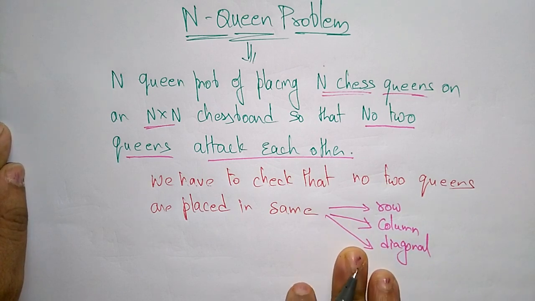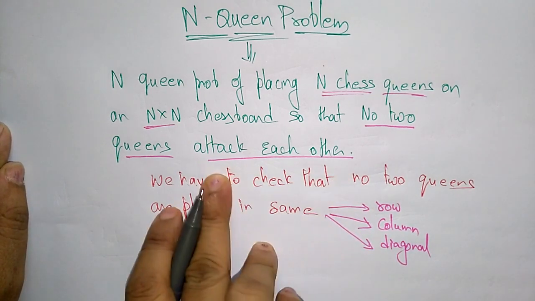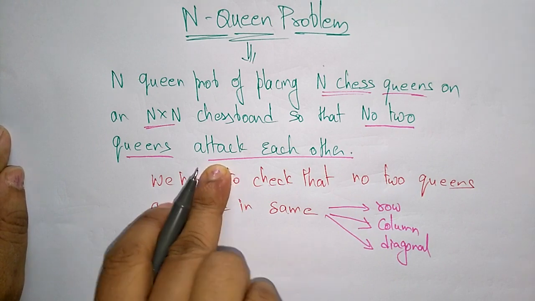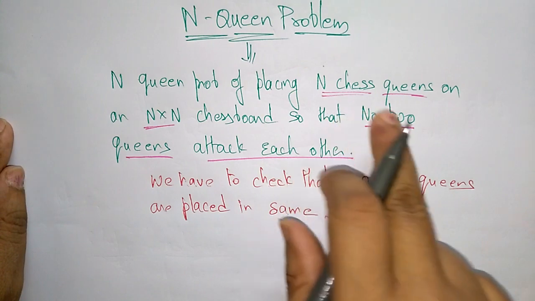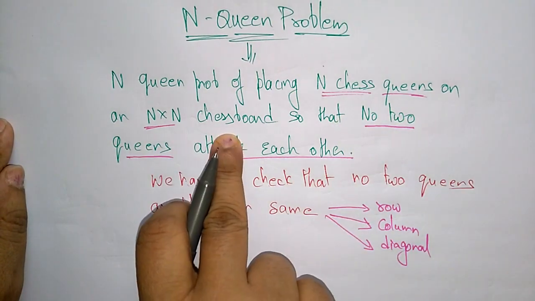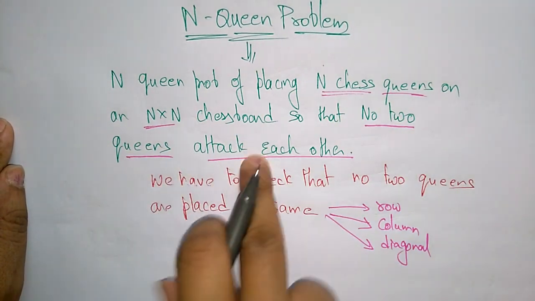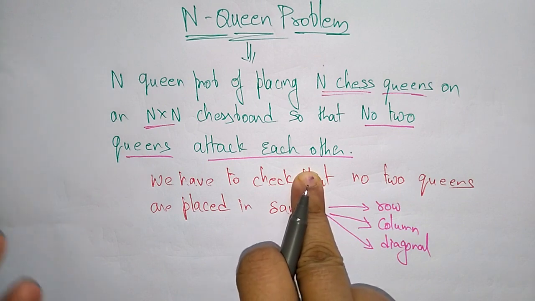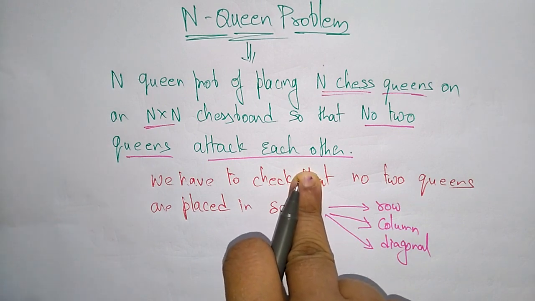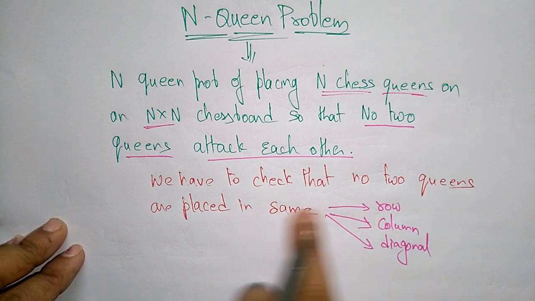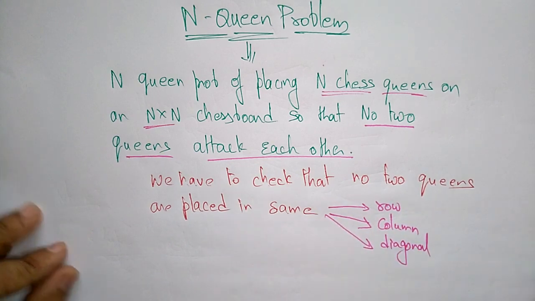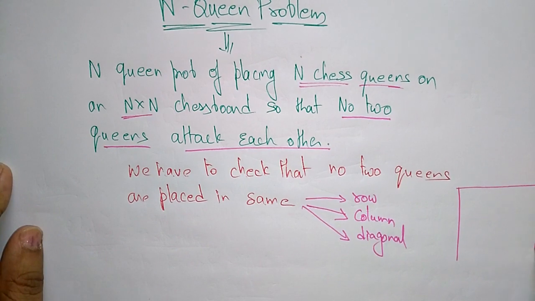If you check this, then no two queens will attack each other. So the n-queen problem is placing n chess queens on an n by n square chessboard so that no two queens attack each other, when they are not placed in the same row, column, or diagonal.